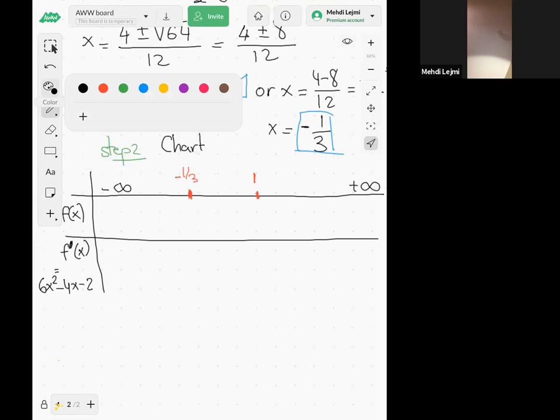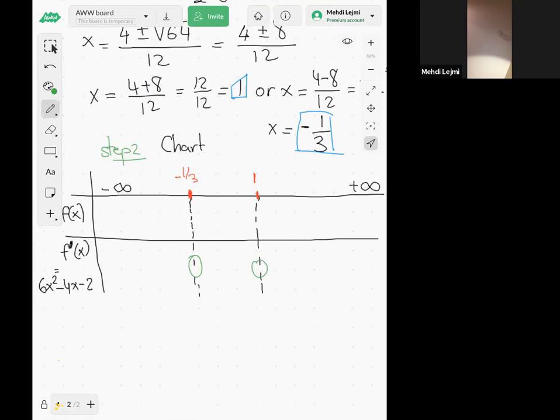And then I have this line coming from negative 1/3 and this line coming from 1. And I put 0 on these lines, 0 here and 0 here, because f prime of negative 1/3 is 0 and f prime of 1 is 0, right? That's why I have these two zeros.